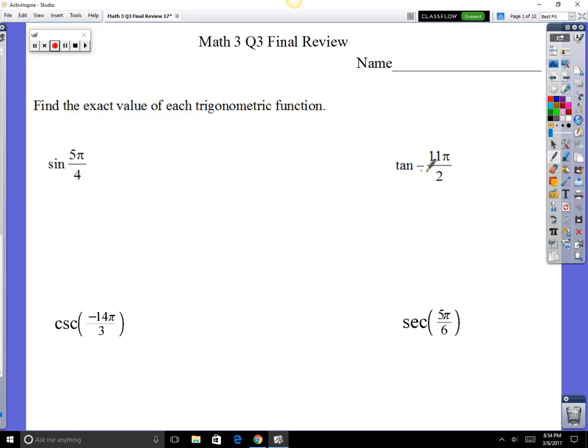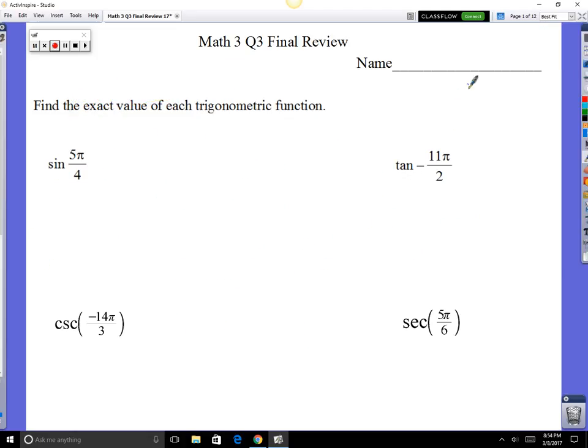Okay, tangent of a negative 11 pi over 2. So I know that every 180 is 1 pi. So if I divide 180 by 2, that is 90 degrees. So this is a negative 11 90s.